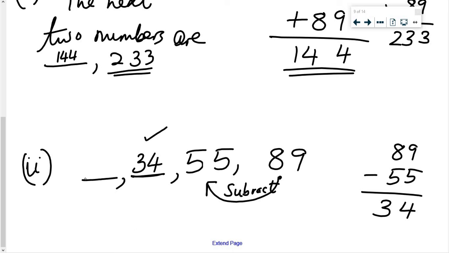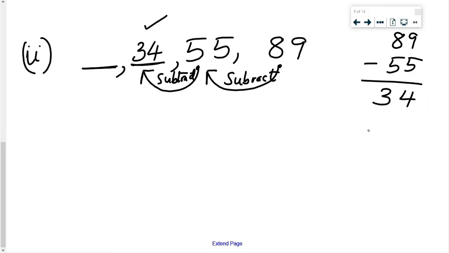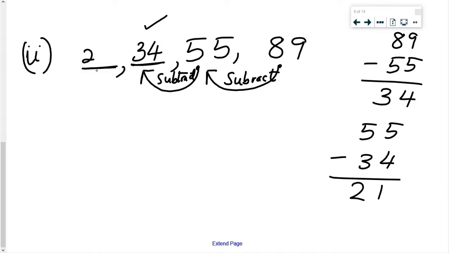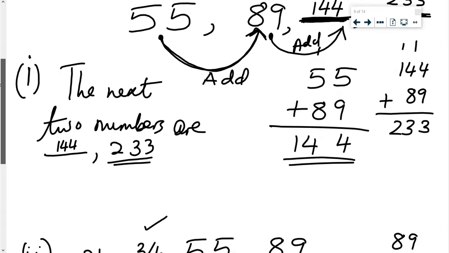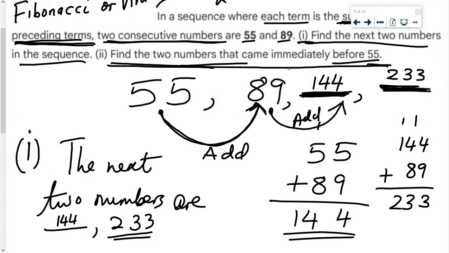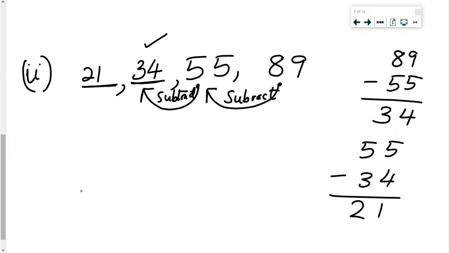How do we figure out this number here? Simply do the reverse. 55 subtract 34. So when you do 55 minus 34, you will have 1 here, you will have 2 here. So the two numbers that came immediately before 55 are 21 and 34.